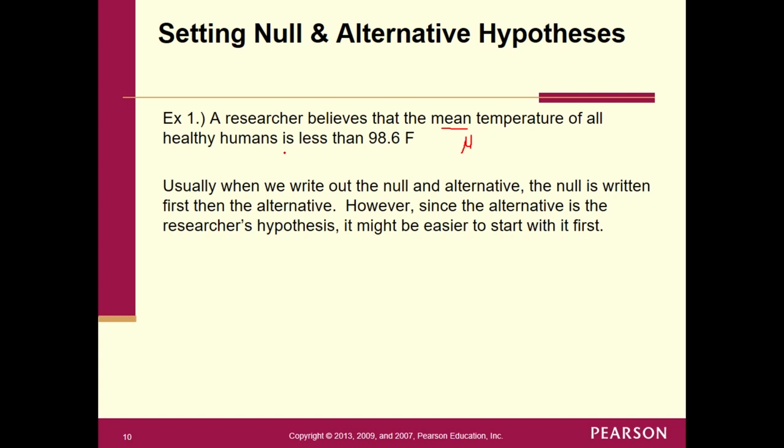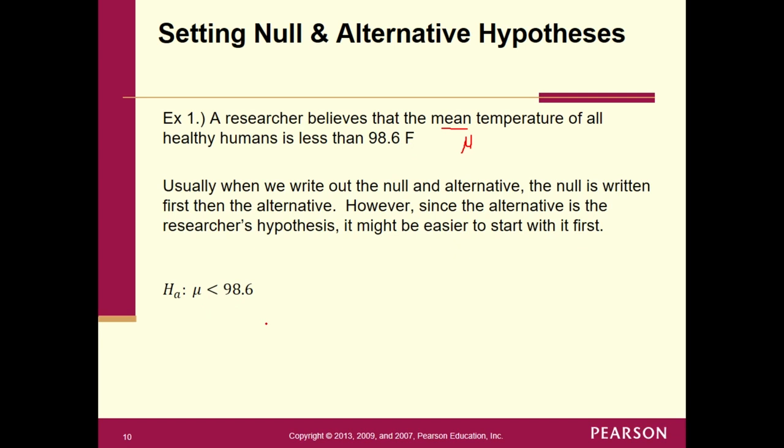Instead of writing all that out, because it can get very long, we use a symbol for it. Since we're talking about means, we're talking about mu. What does the researcher believe? That mu is less than 98.6. That's what you put into the alternative hypothesis. Remember, the researcher's hypothesis is the alternative: mu is less than 98.6.